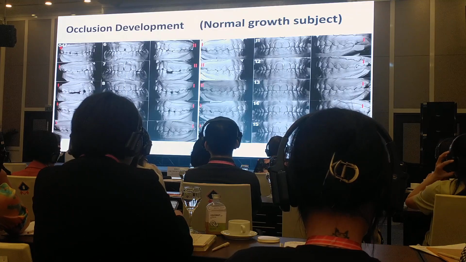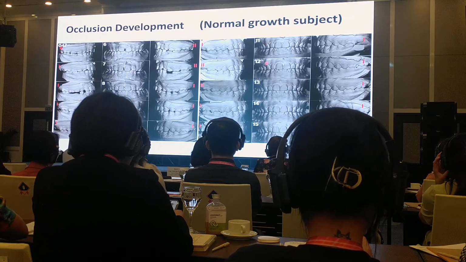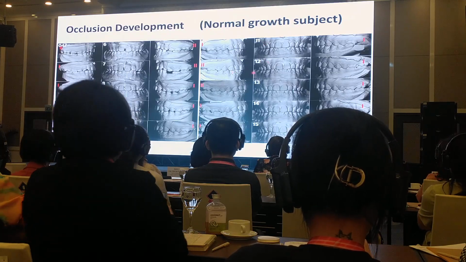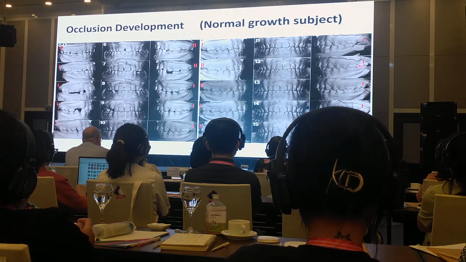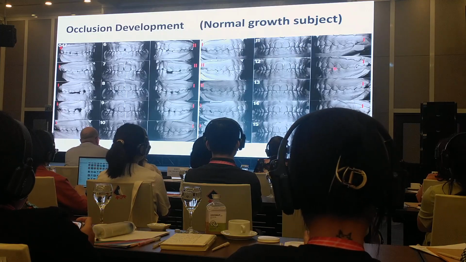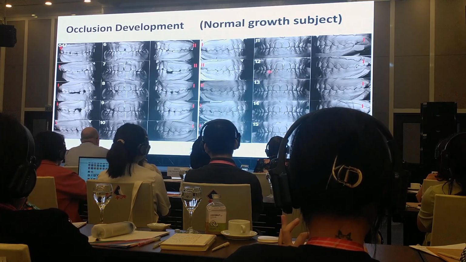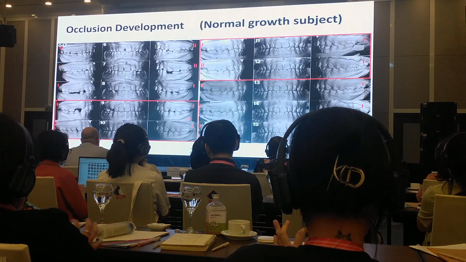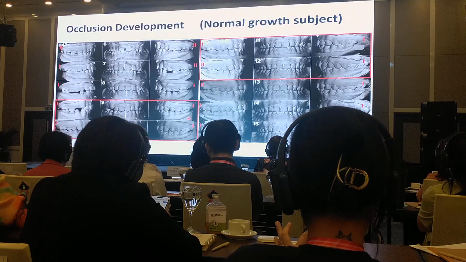And if you see 11 years old, 12 years old, now here midline okay, both sides class 1, premolar okay, canine also class 1. Yeah, this stage, 9, 10, 11, 12 years old, is very, very important to develop or establish class 1 occlusion.